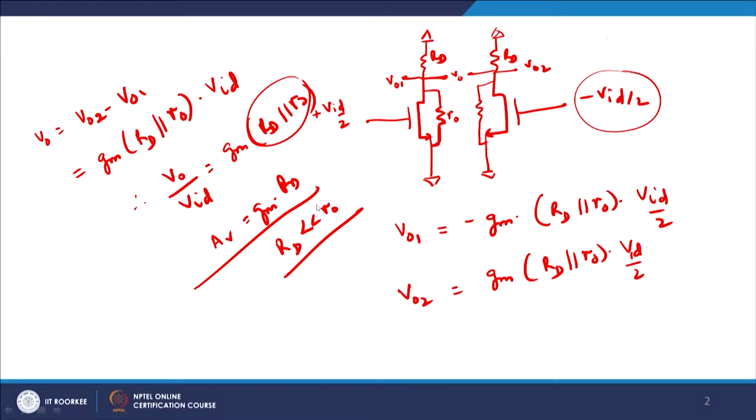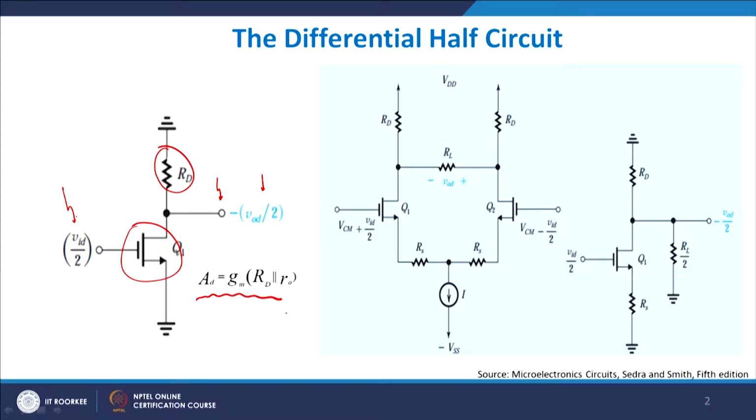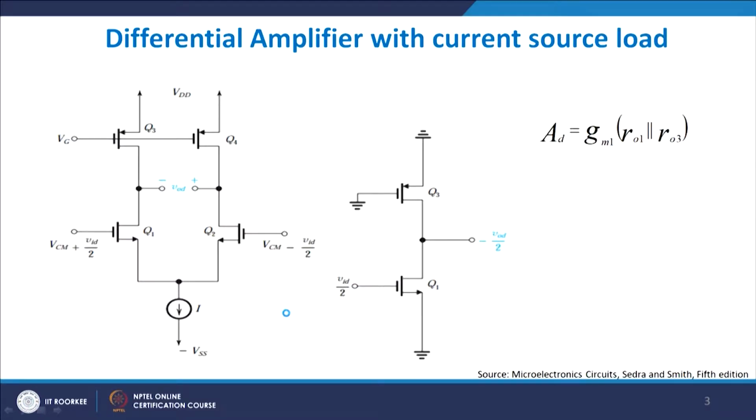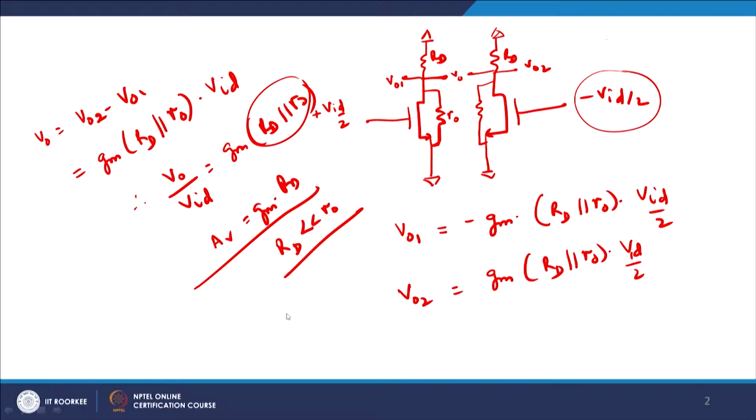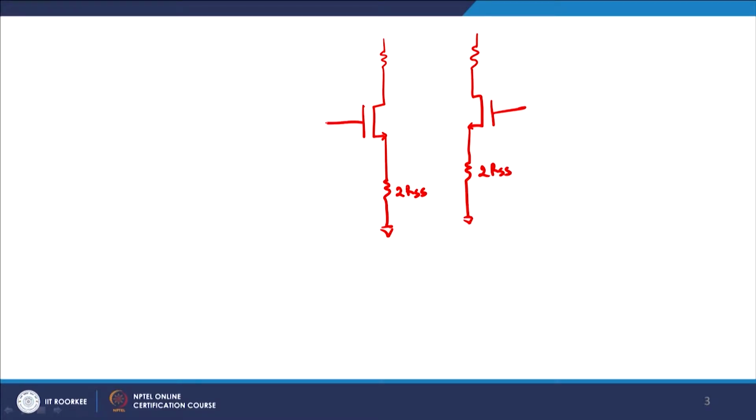Now with this knowledge, let me apply the same concept and explain what happens for a common mode signal. For a common mode signal, I need to find out CMRR, and therefore I will take two RSS. This is with the tail current source, remember. So I have divided into RSS by 2, because when you take them in parallel, this 1 by 2 RSS will give you just RSS, because they are in parallel with respect to each other.